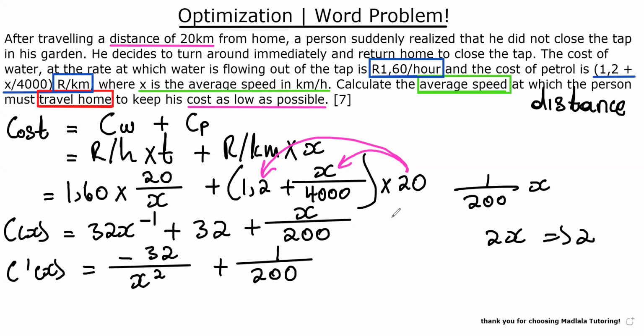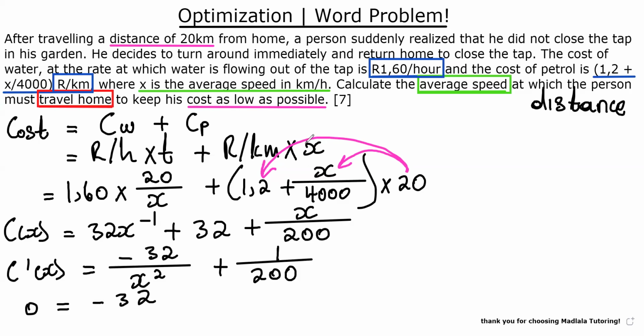Okay, fine. Then what do you say from this point? Well, it's very easy. You're going to equate your derivative to 0. So you'll say 0 is equal to negative 32 over x squared, and then you say plus 1 over 200, right?